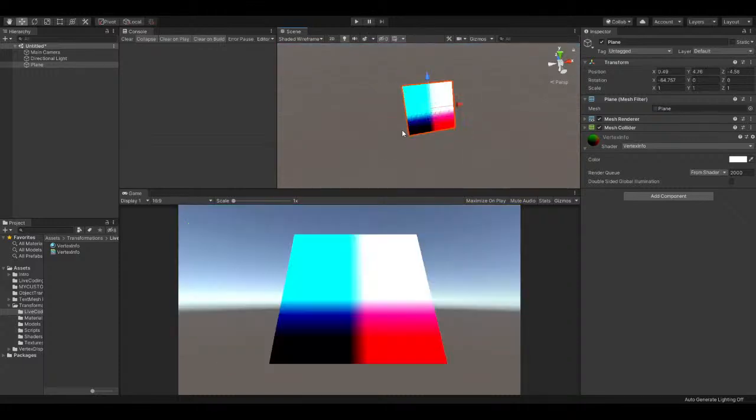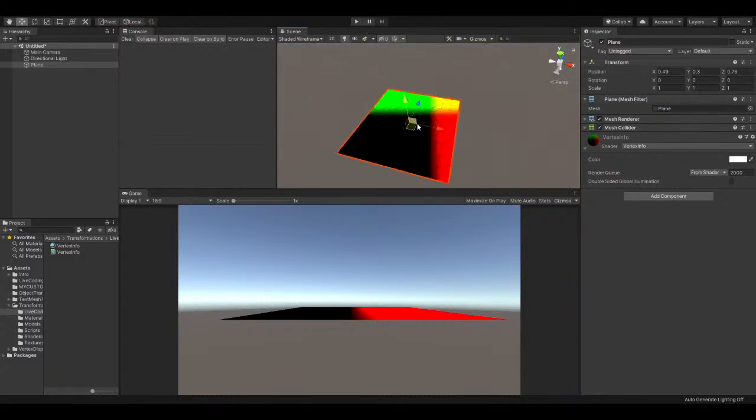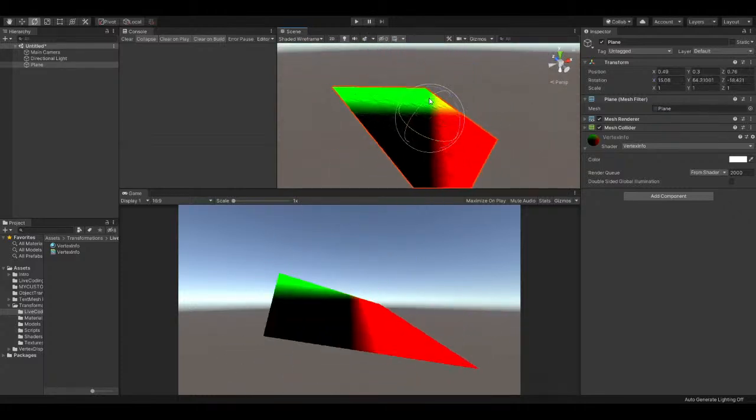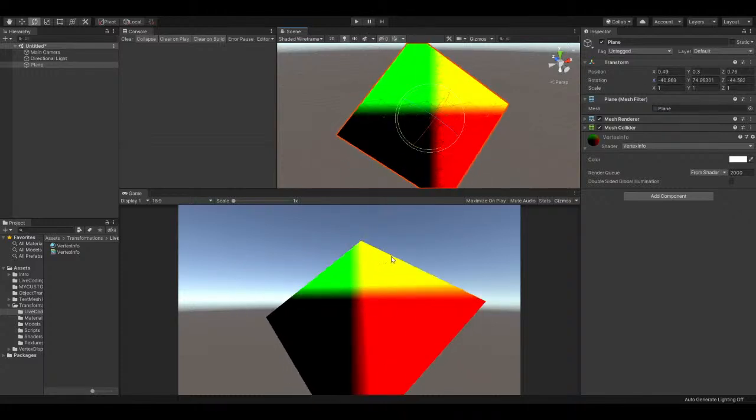Okay? That's it, and then we have visualized the various spaces, and third being the view space. So this is the view space. Now you see, when I'm rotating the viewport, how the information is getting changed. Isn't it cool, right? So this is with respect to the camera. Okay, see here.